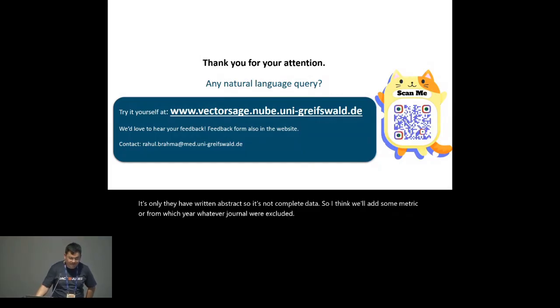Hi, thank you for the presentation. I have more of a comment than a question. In the beginning, you were showing this example of myocardial infarction and then heart attack, which is the same thing. And then when you were doing your search, you put cardiac event, which is not the same thing. Cardiac event is a much broader term.